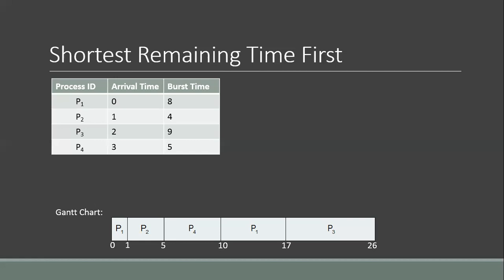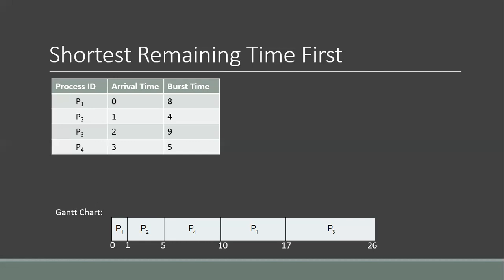That would be 2, because process P2 started its execution at time 1. So we will compare 2 with the burst time of the newly admitted process, that is 5. Obviously 2 is less than 5, so we will not preempt the currently running process. P2 will keep running on the CPU. So P2 will complete its execution at time 5.